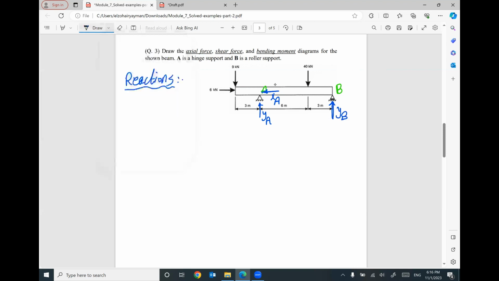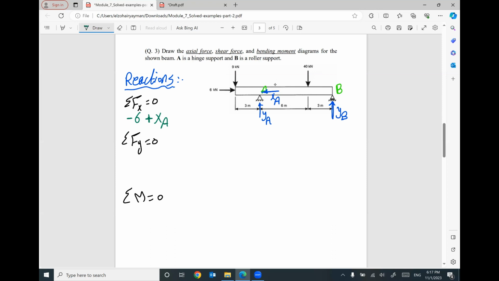I will write my 3 equilibrium equations. Summation f of x equals 0. Summation f of y equals 0. Summation moment at any point equals 0. Keep in your mind, for x direction, I have negative 6. I have positive XA.